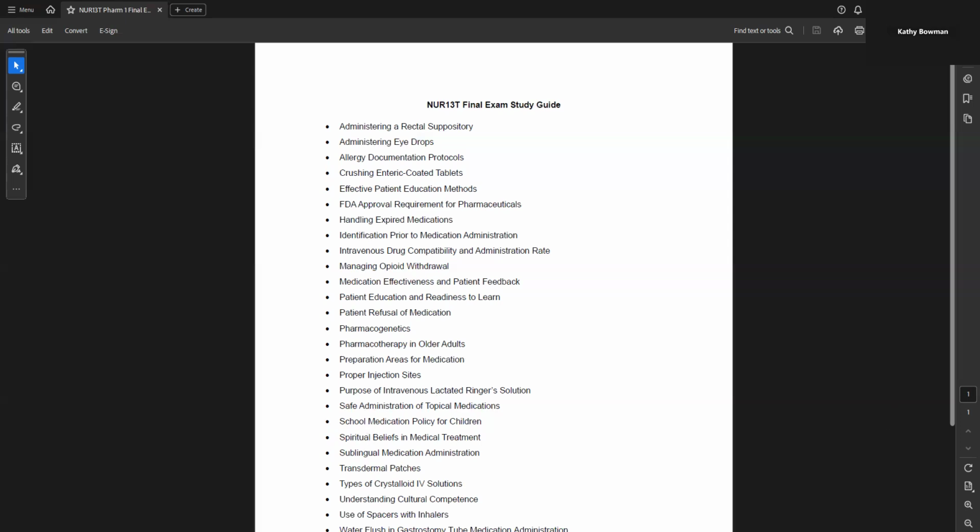Spiritual beliefs in medical treatment. So if you haven't had an experience already, you will encounter not only cultural differences in the clinical setting, but spiritual beliefs that may influence their healthcare decisions.